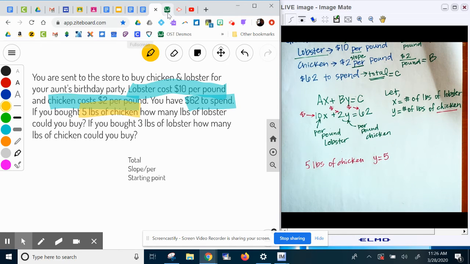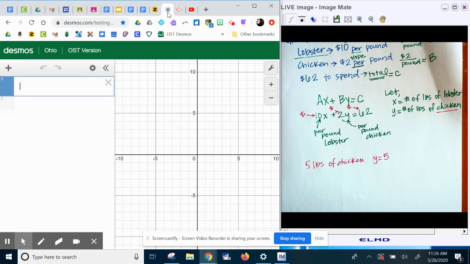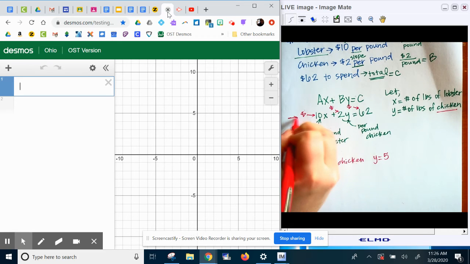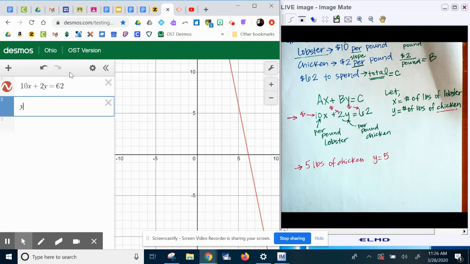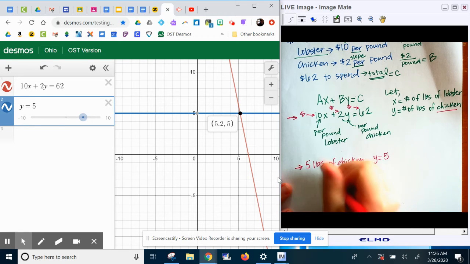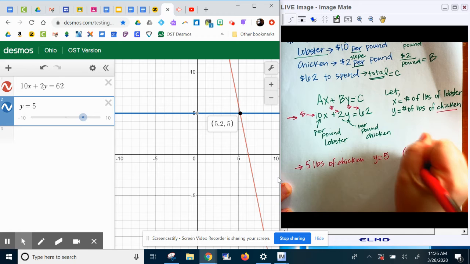I'll type into Desmos my equation and what I was given: 10x plus 2y equals 62, and then y equals 5. I can see they cross right here at 5.25.